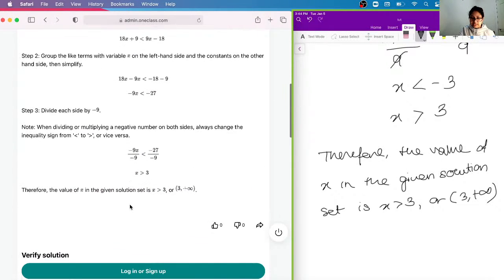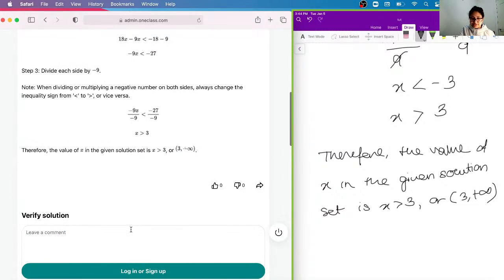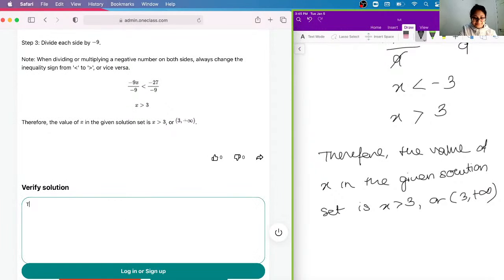So x could be in any range between these.